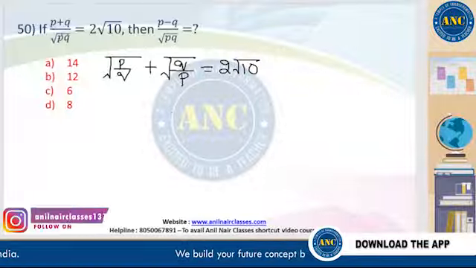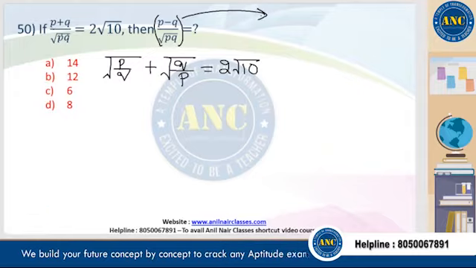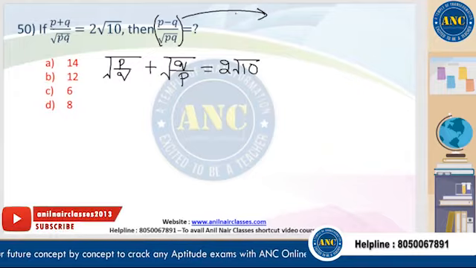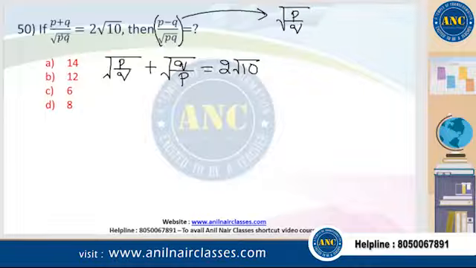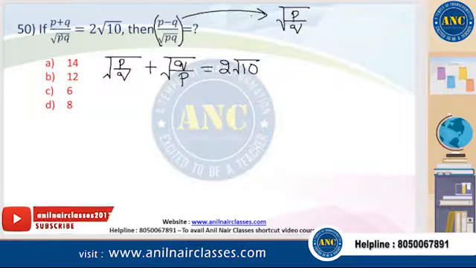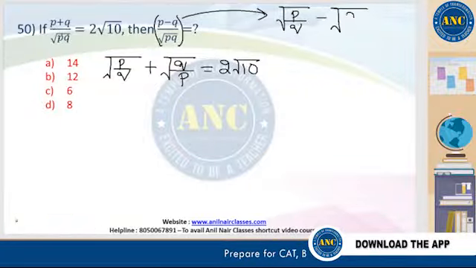Simple. Now, let me simplify this particular part also. P by root pq is once again root of p by q, whole root of p by q, minus q by root pq, which is whole root of q by p.